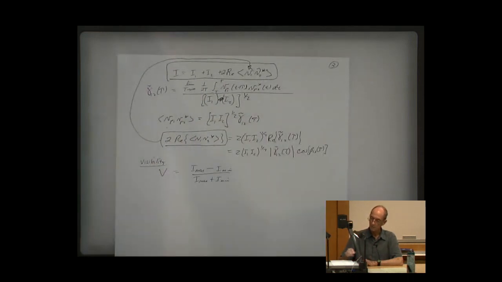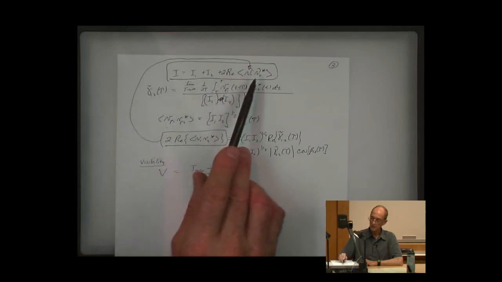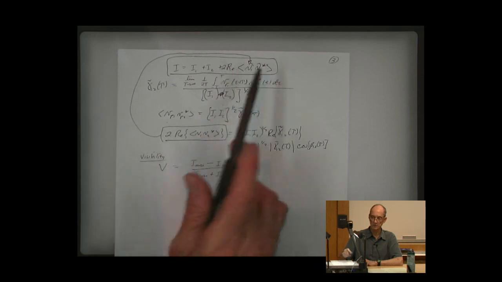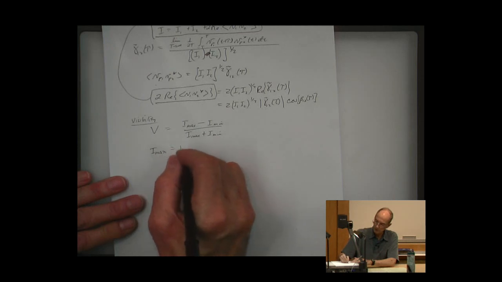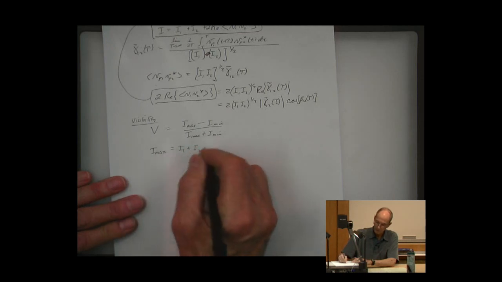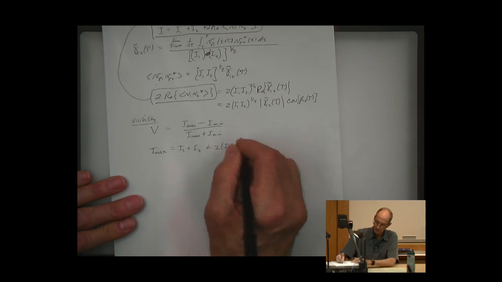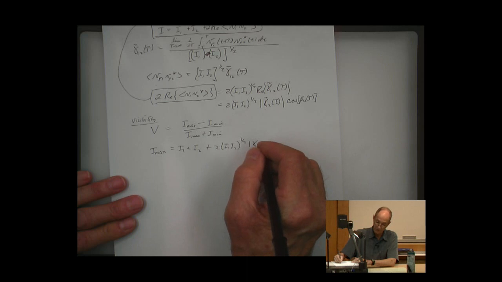It's going to be maximum when this term is plus 1 and minimum when that term is minus 1. So I max is going to be equal to I1 plus I2 plus 2 I1 I2 to the 1/2 times this gamma 1,2.